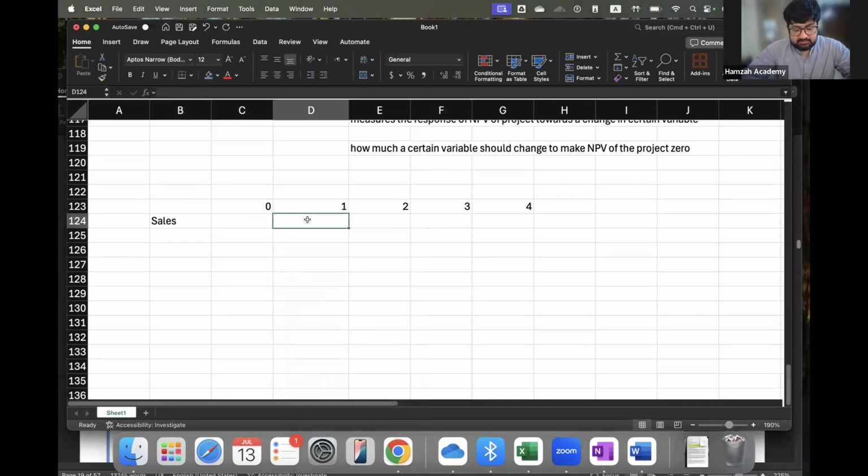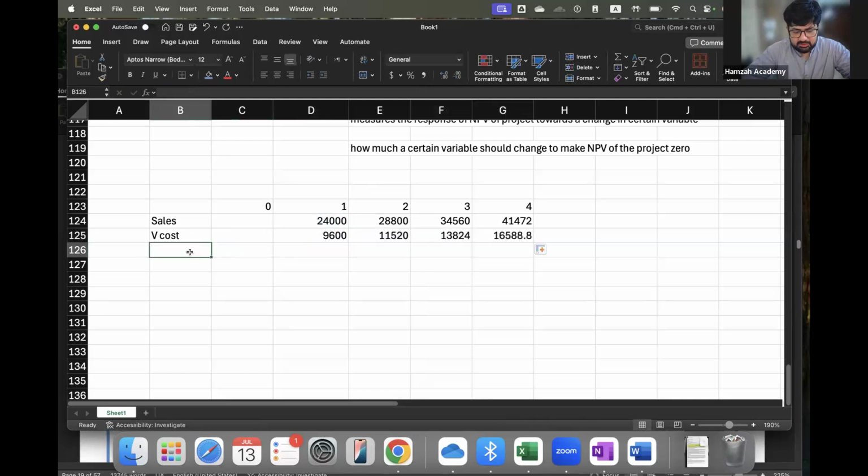Sales are, for example, these. Variable cost.